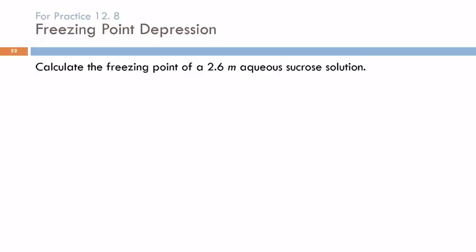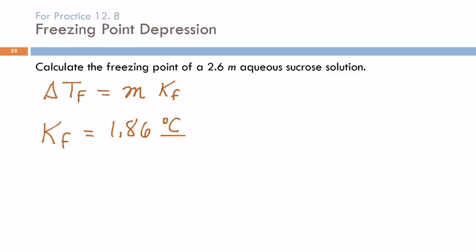Calculate the freezing point of a 2.6 molal aqueous sucrose solution. Well, delta TF equals the molality times KF. Go back to the table, KF. KF equals 1.86 degrees Celsius per molal for water.